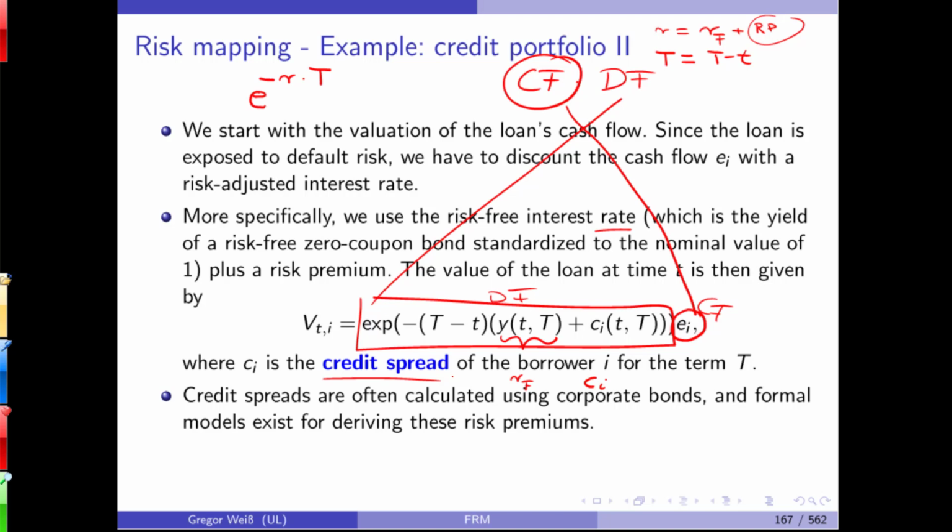Why is the risk premium here called a credit spread? What is a credit spread? Generally, if you look at corporate bonds, they will have an internal rate of return that is higher than the risk-free rate.